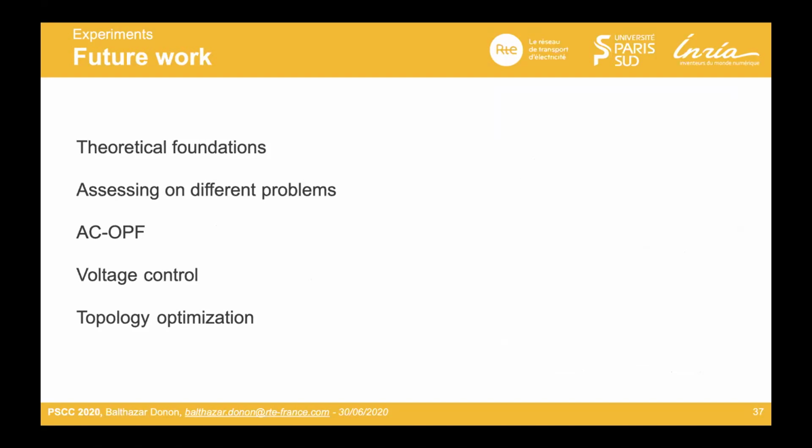In a recent work that we just submitted to another conference, we tried to improve on the theoretical foundations and also assess this approach on different problems. Finally, for future work, we would like to address different problems stemming from optimization, such as ACOPF, voltage control, and topology optimization.